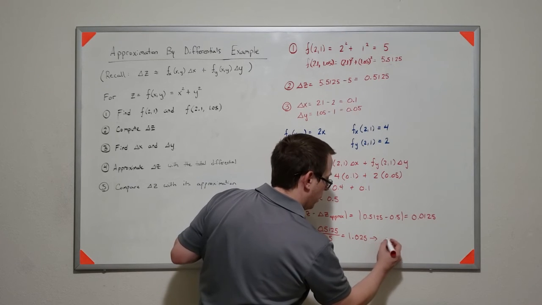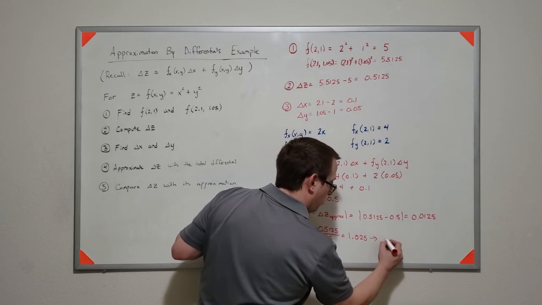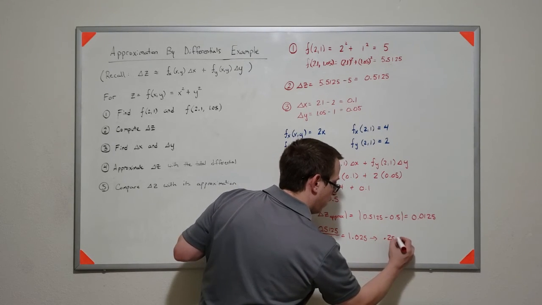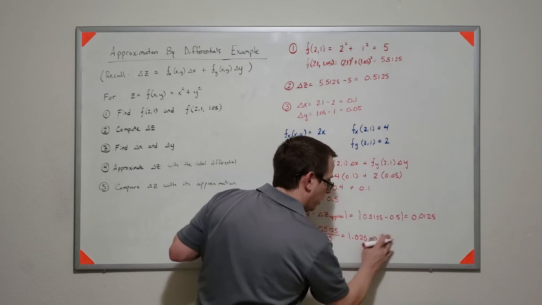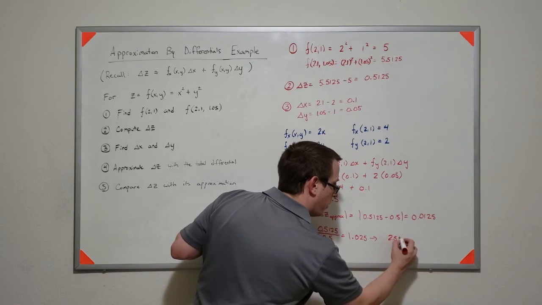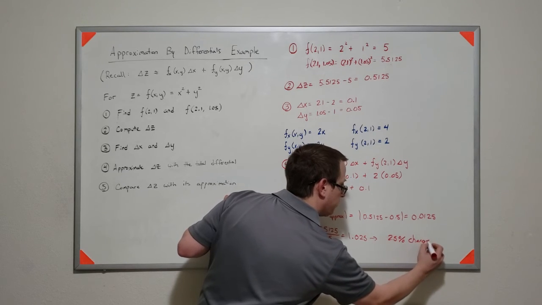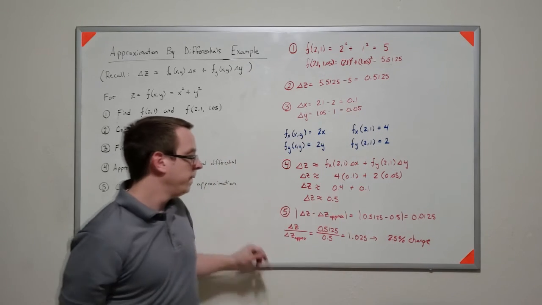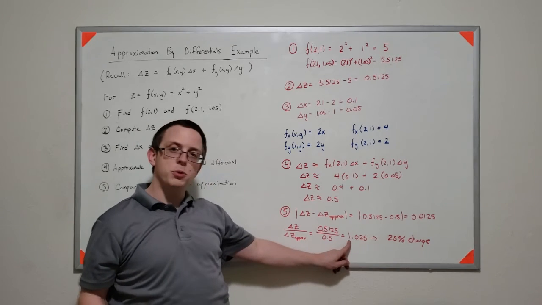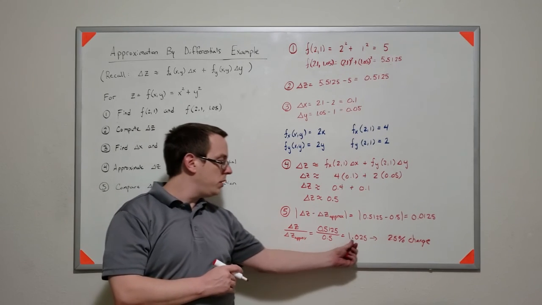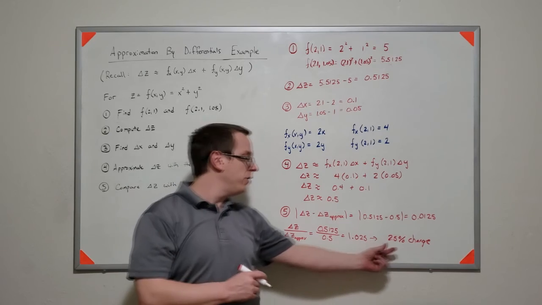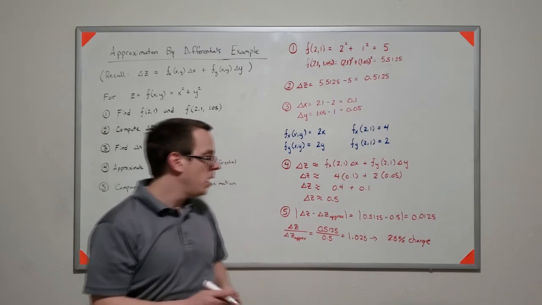So if that ratio is 1.025, that tells me there is a 2.5% change, because you subtract 1 and 0.025 is 2.5%.